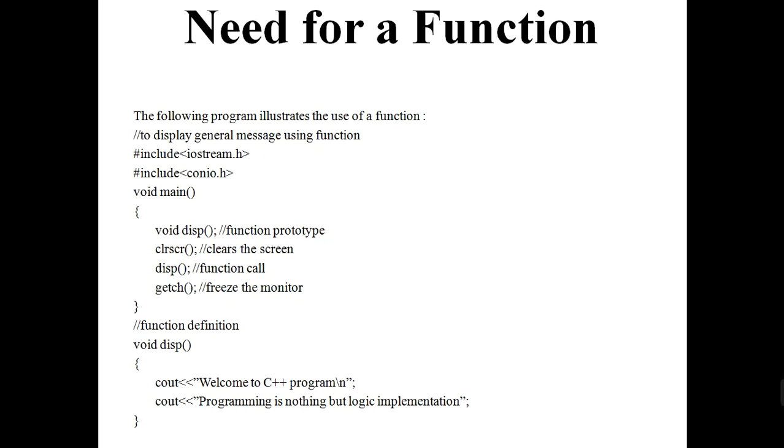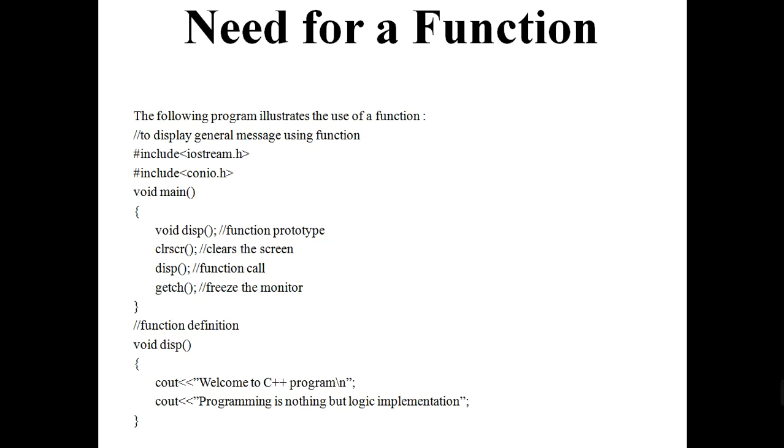Whether you need an argument or not, void disp is a function prototype, and then CLS for clearing the screen of the output. Then the function call is totally different. The function prototype has the return type defined, but in the function call there is no need to write the return type, you just call the function name only.